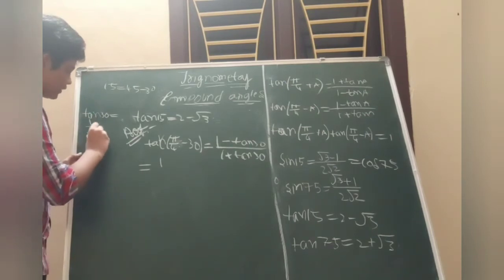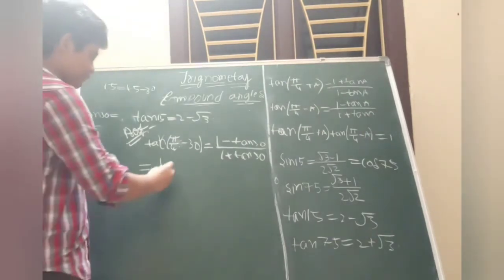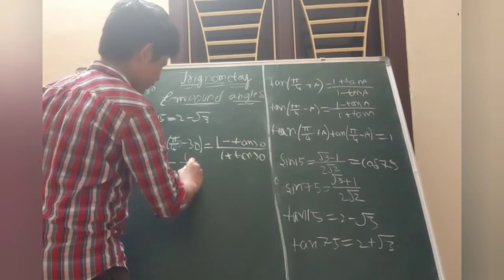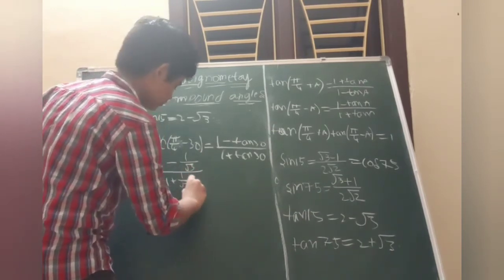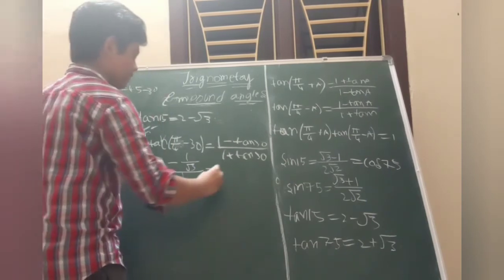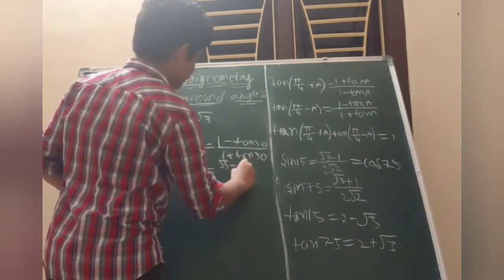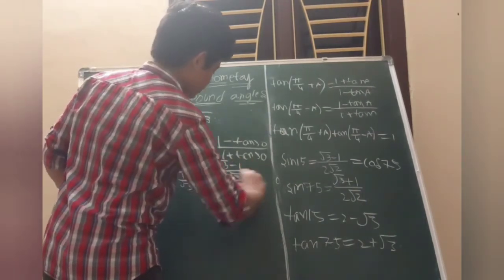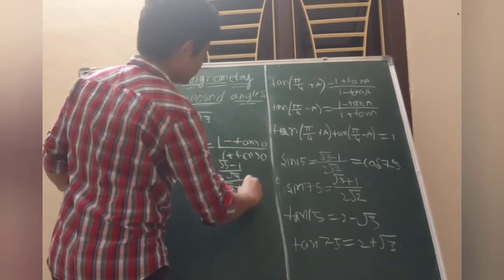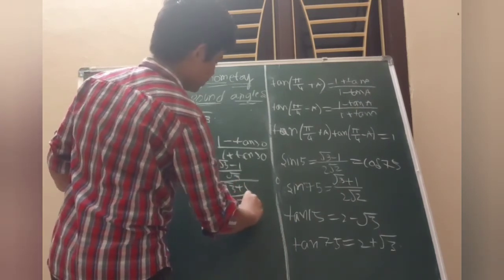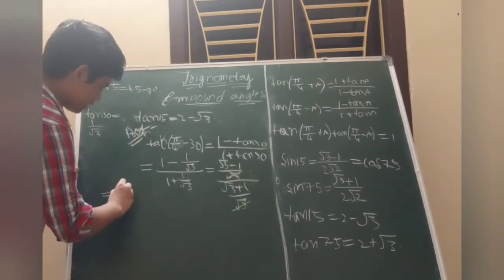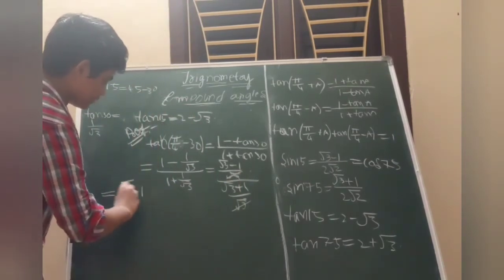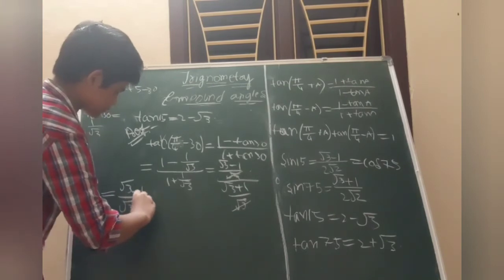Here it becomes 1 minus, we know that tan 30 is equal to 1 by root 3. So if we substitute that value here, it becomes 1 minus 1 by root 3 by 1 plus 1 by root 3. If you take LCM, the value becomes root 3 minus 1 by root 3 by root 3 plus 1 by root 3. Here root 3 gets cancelled, and we get root 3 minus 1 by root 3 plus 1.